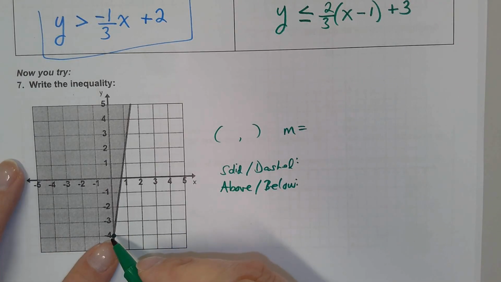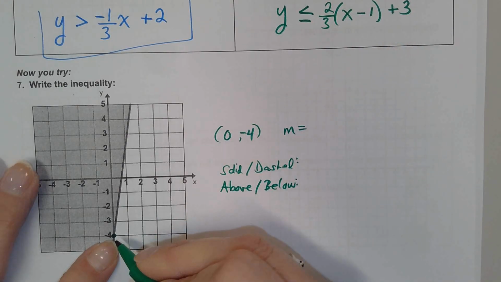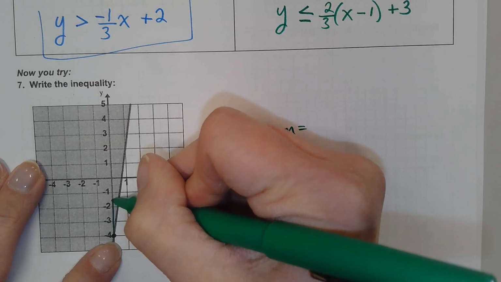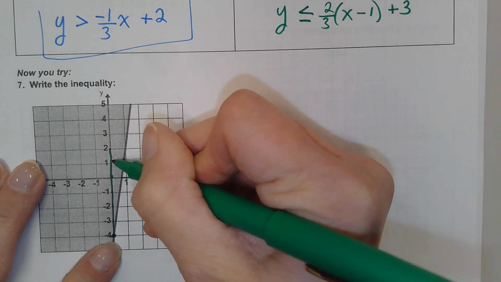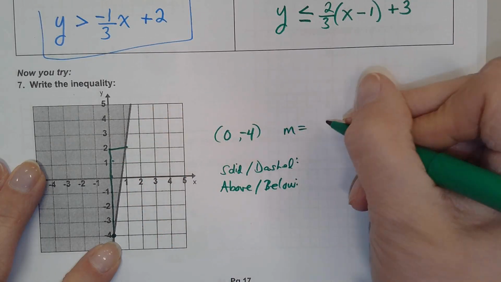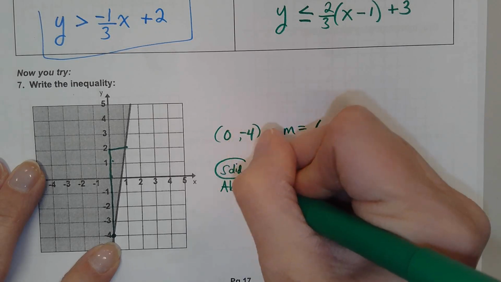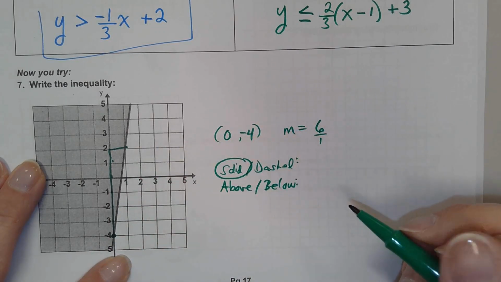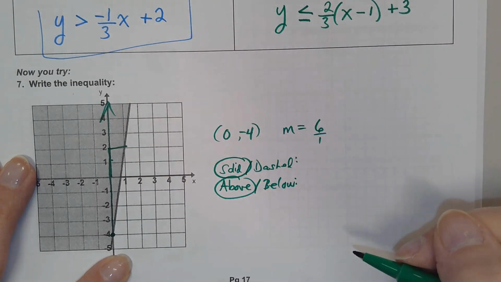Let's see how you did. We have 0, -4, and the slope goes up 1, 2, 3, 4, 5, 6 over 1, or just a 6. It is definitely a solid line, and they shaded above.